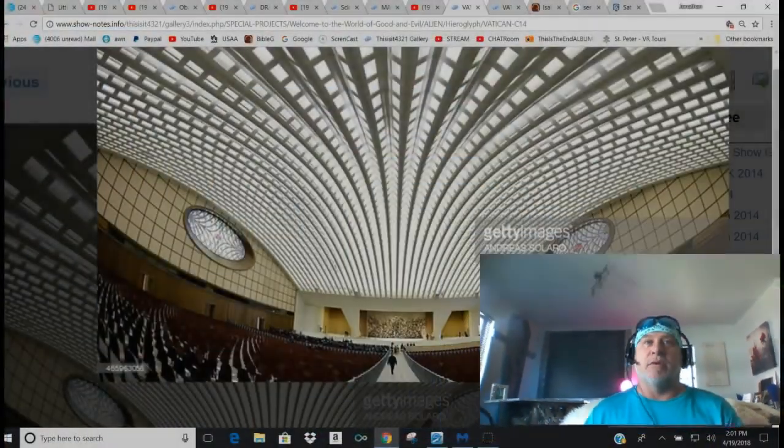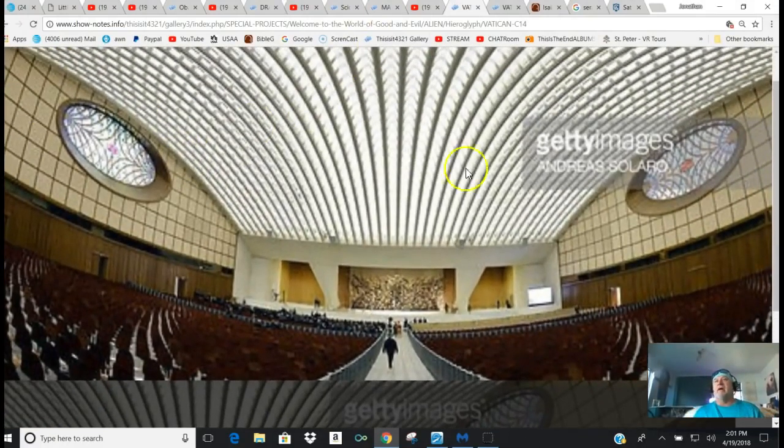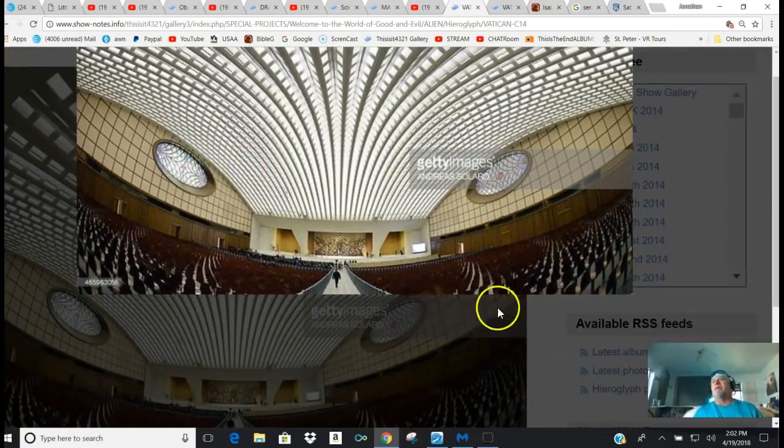It's not arguable. It's not arguable that I've shown you the Vatican is a giant serpent wearing a crown. So there you go. There is the sculpture, the Resurrection from Fazzini, and this is right where the Pope sits, and this is the mouth of a serpent with serpent fangs, and these are the eyes. And so he sits in the mouth of the serpent.